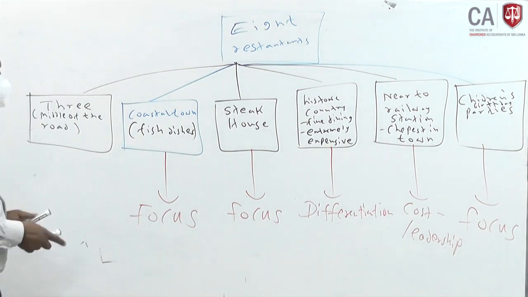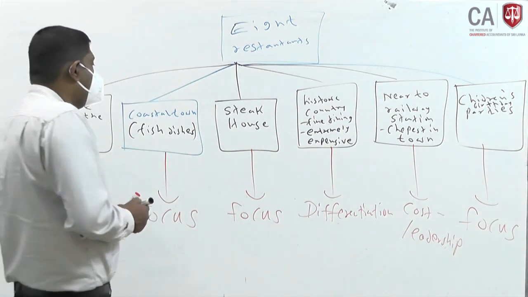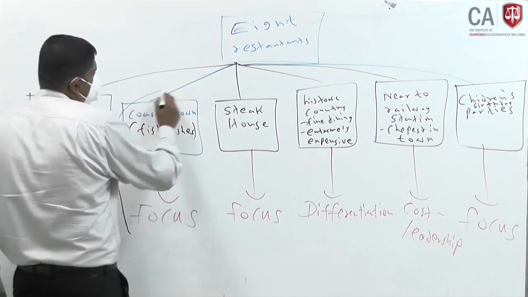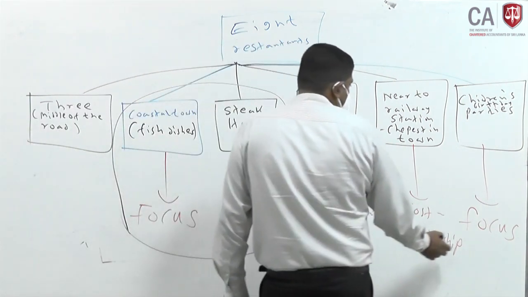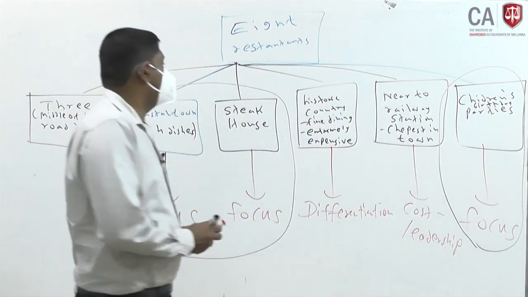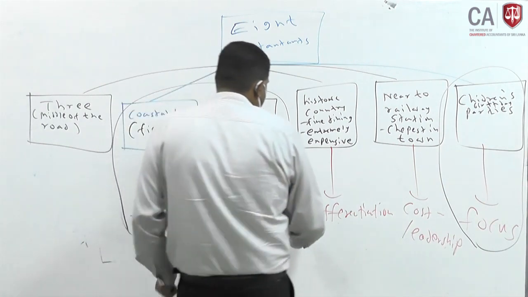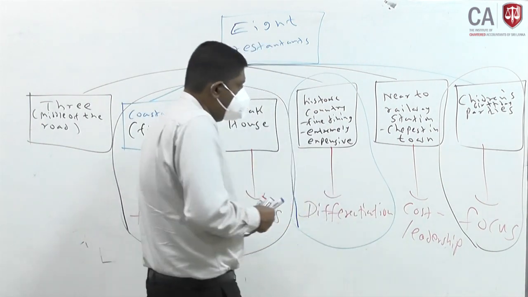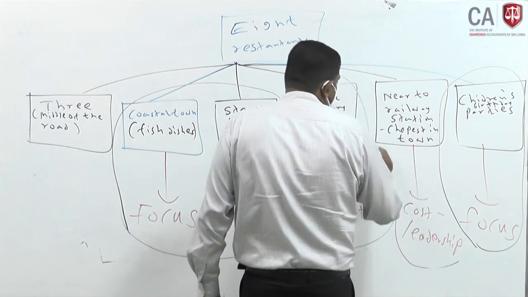Now if you analyze this scenario, 3 restaurants apply focus strategy, 1 is applying differentiation, another 1 is applying cost leadership.